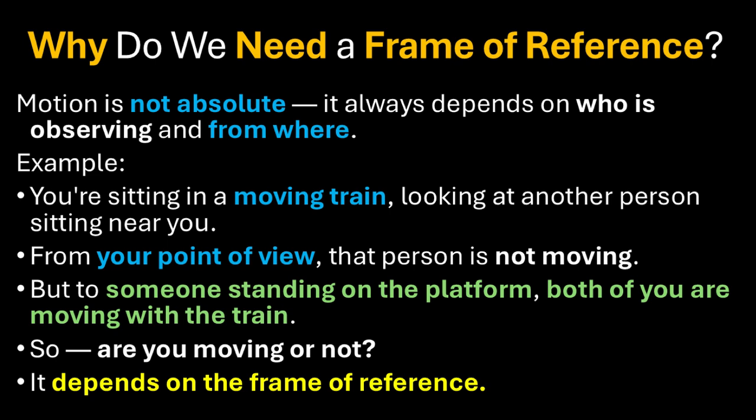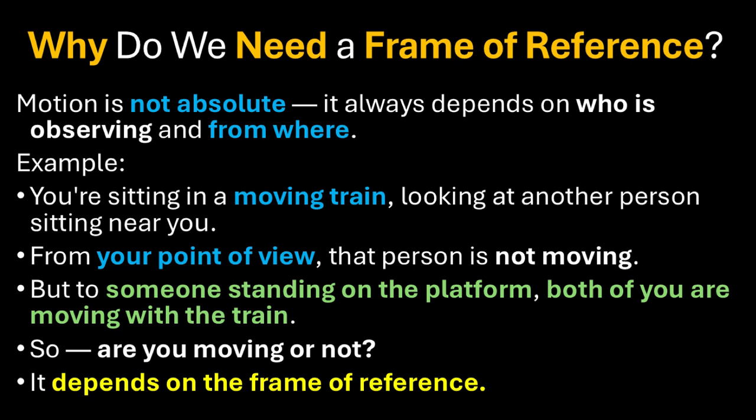But to someone standing on the platform, both of you are moving with the train, which means if you see the motion from a camera which is placed on the platform, what will you see? You will see that both these persons are moving along with the train, right? I hope that makes sense so far.